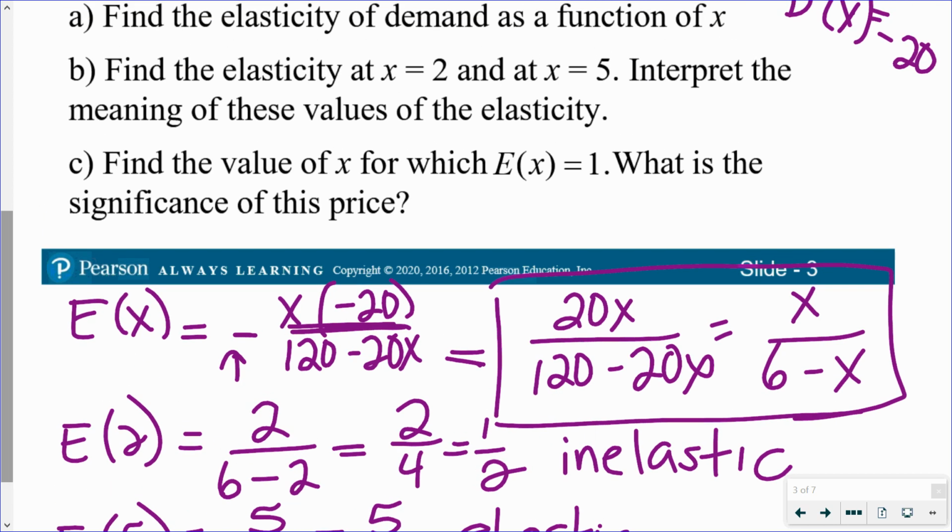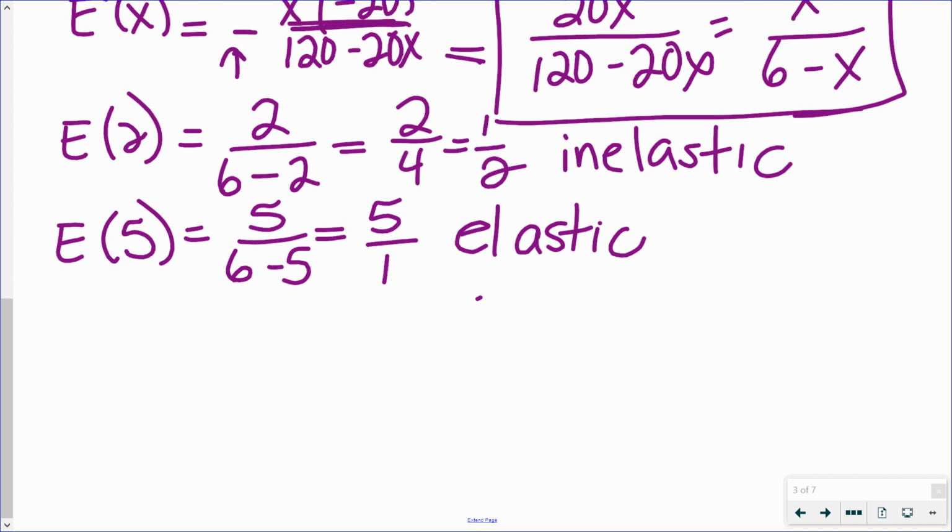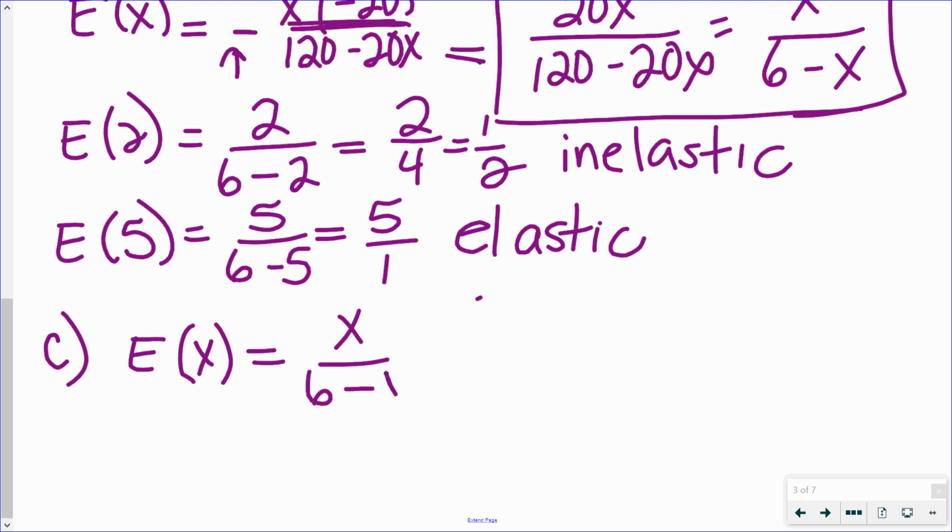Part C says to find the value where E of x equals 1, and then say what the significance of this price is. Well, let's remind ourselves, E of x was x over 6 minus x. So we want to take that function and set it equal to 1. I have a fraction on the left-hand side, so the way we get rid of a fraction is we multiply both sides by the denominator.